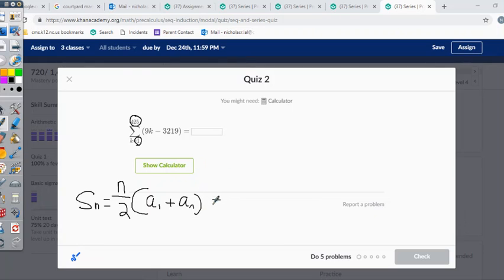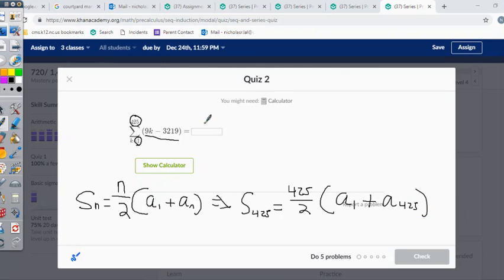So in the specific case here, the series adding up all the terms in the sequence from 1 to 425 is going to be equal to 425 divided by 2 times A1, our first term, plus A425.